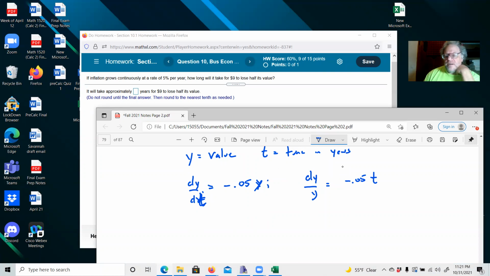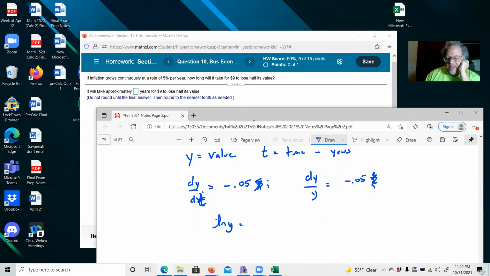So we're going to have ln y is equal to, oops, I'm sorry, we should just have the negative 0.05 here, because all we're saying is the change is equal to negative 5%. The rate is negative 5% per year.